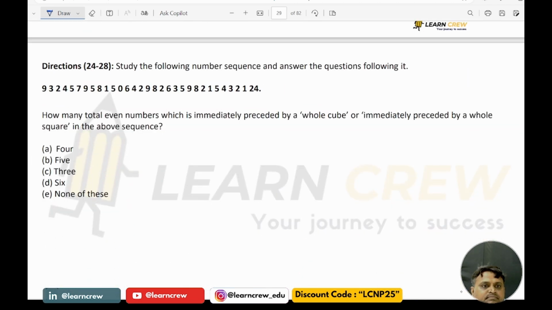Now the next one. How many total even numbers are immediately preceded by a whole cube and immediately followed by a whole square? So we need a whole cube, an even number, a whole square. Where do we have whole cube, even number, whole square?